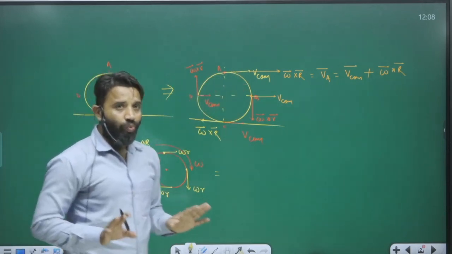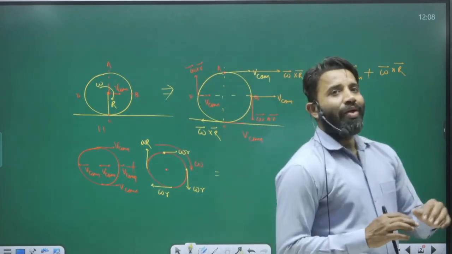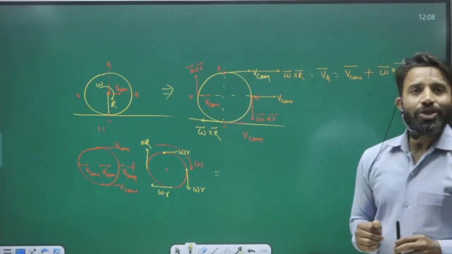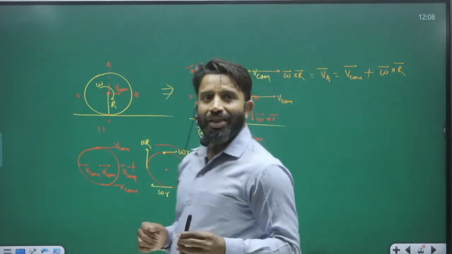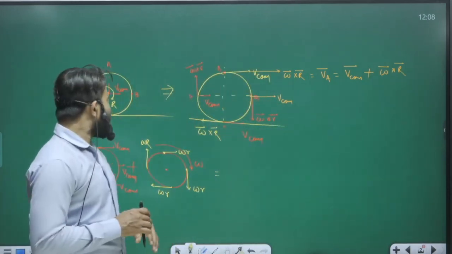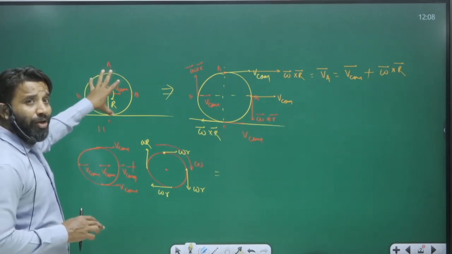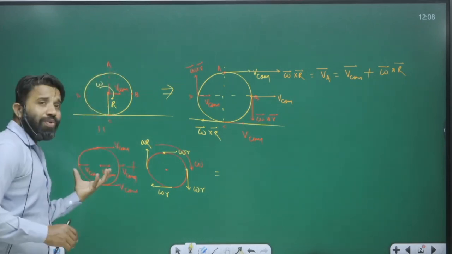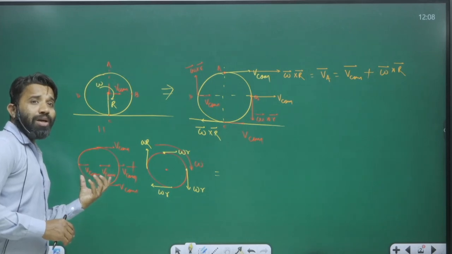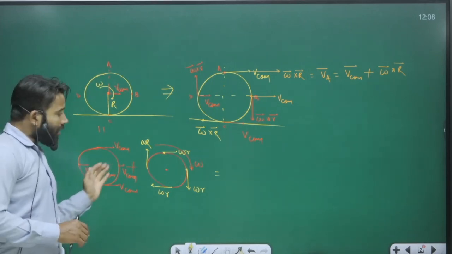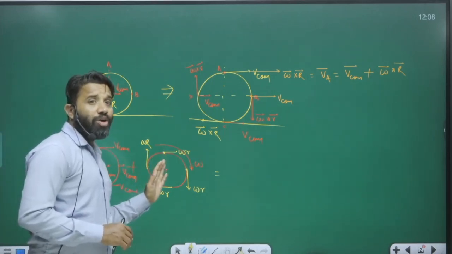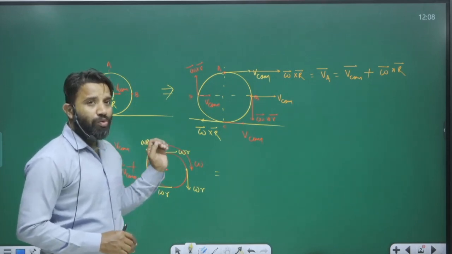Got my point? So, whenever we are solving a problem in which the body is translating as well as rotating, we need to convert the diagram into two parts, one in which we will only represent the translational motion, and the next part in which we will represent only the rotational motion.